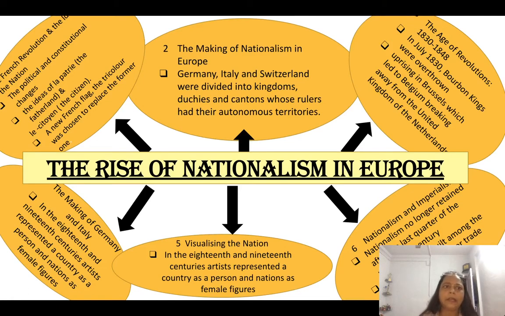Earlier, all the states were governed by rulers or kings or monarchs. But now, after the revolution of 1789, which you have elaborately studied in 9th class, you must have a little bit in your mind. So keep that previous knowledge in your mind and think about the French Revolution.